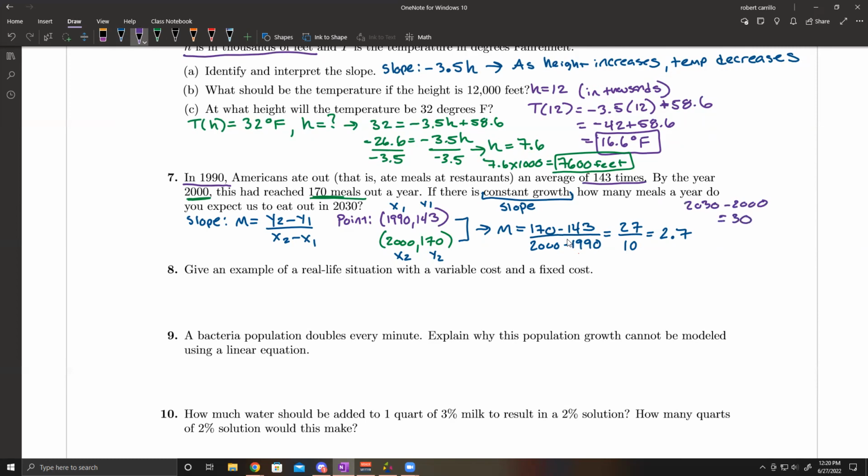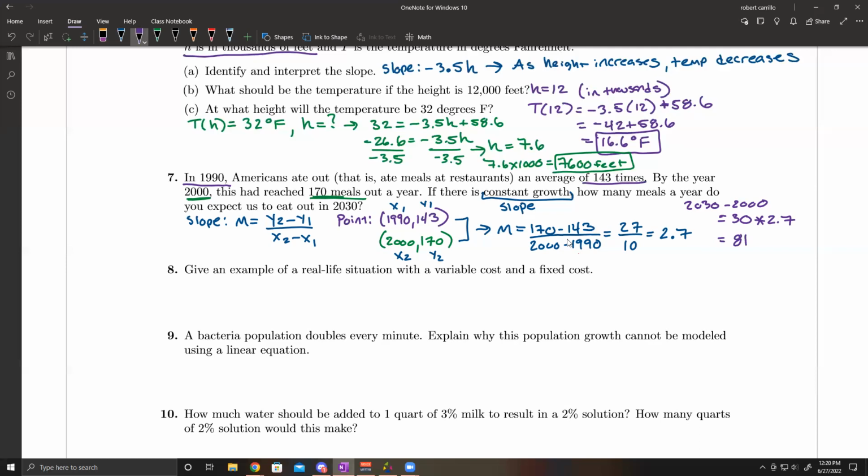Every year, 2.7 more meals are eaten. So we take 30 and multiply it by 2.7, and 30 times 2.7 gives me 81.